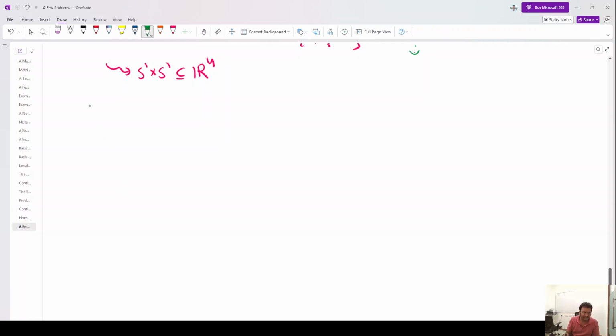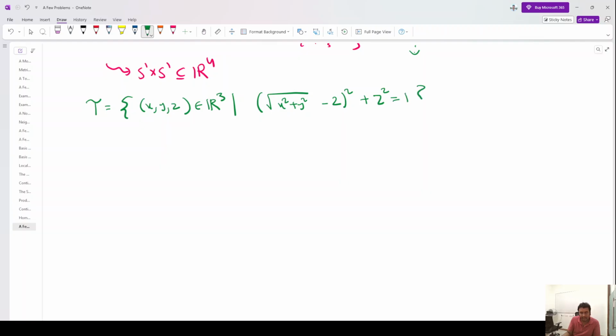Let me define it, then I can explain better. X, Y, Z in R3. I'm giving you what will be exactly this; I mean, this is just a way. What we are doing is taking a circle, so it's like this.